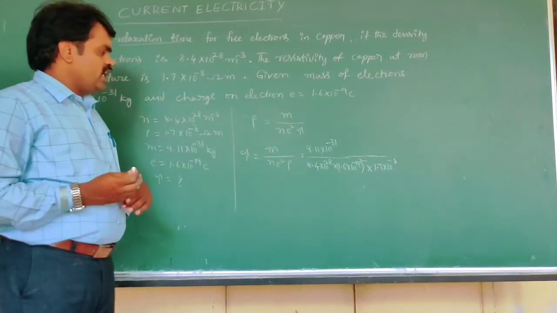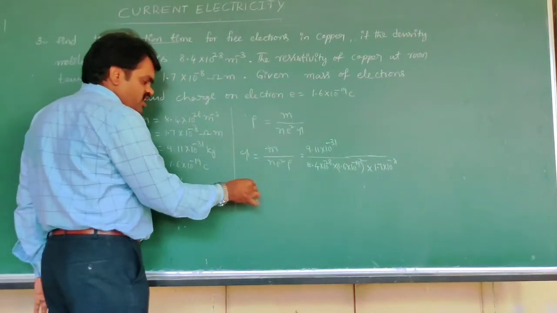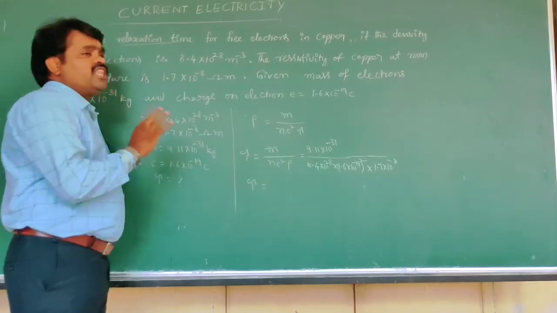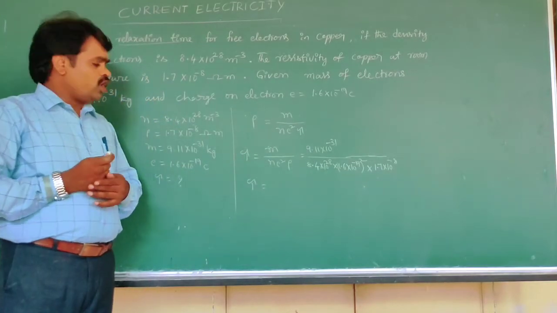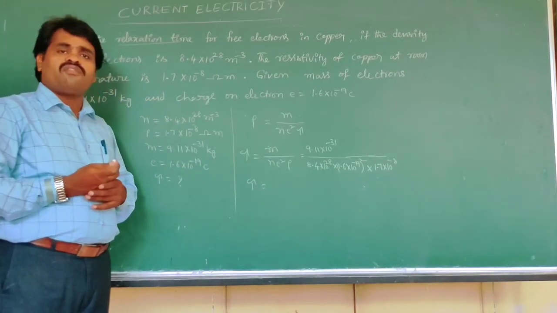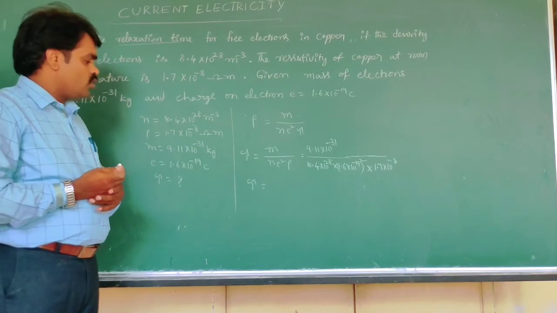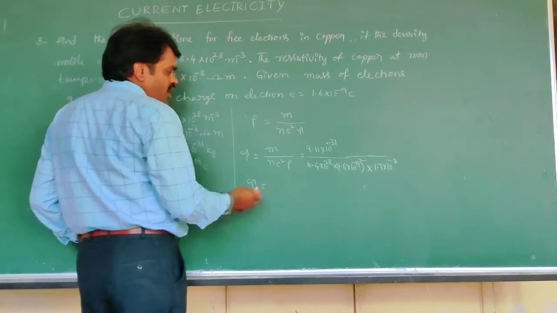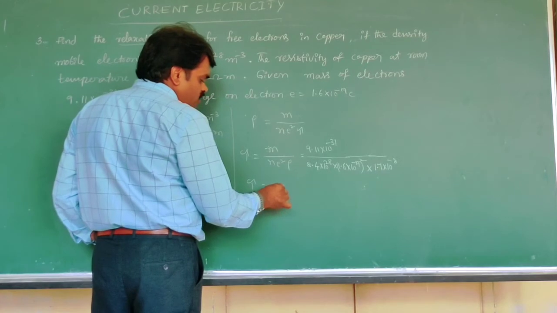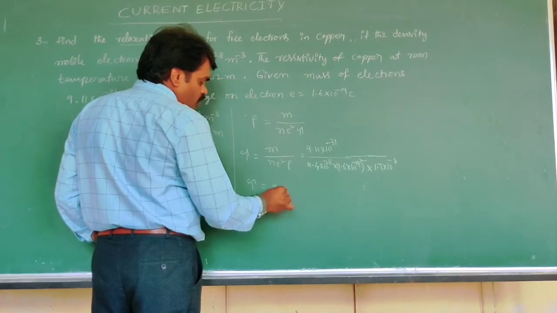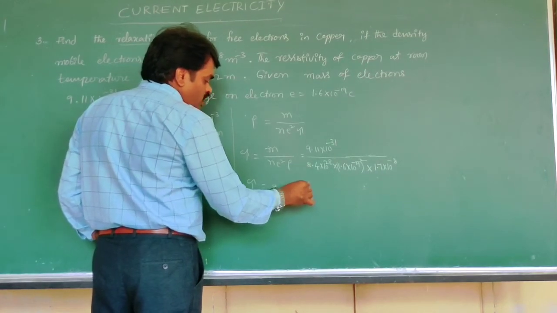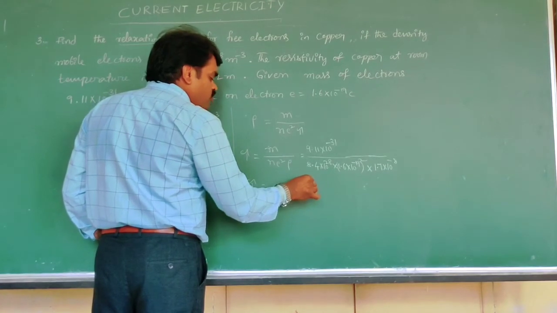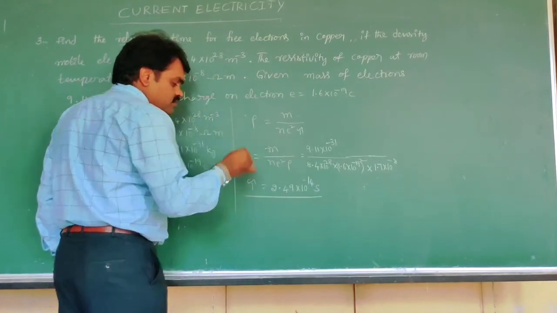Then calculating this, we will get the relaxation time. We know in metals the order of relaxation time is about 10 to the power of minus 14. Calculating this, we get 2.49 into 10 to the power of minus 14 seconds.